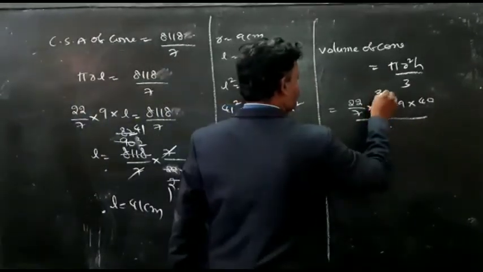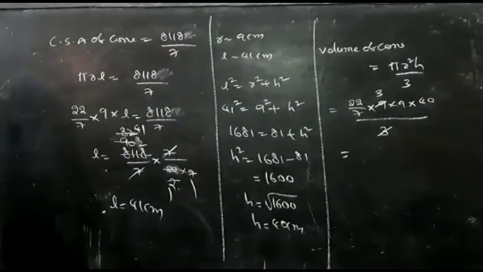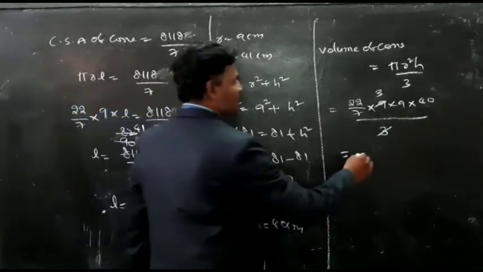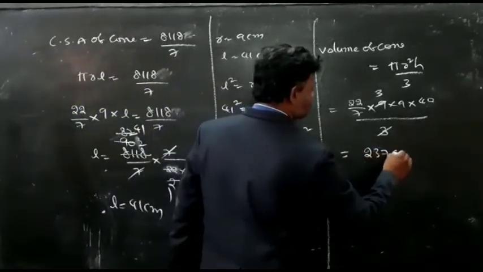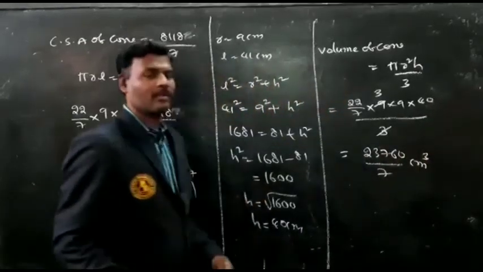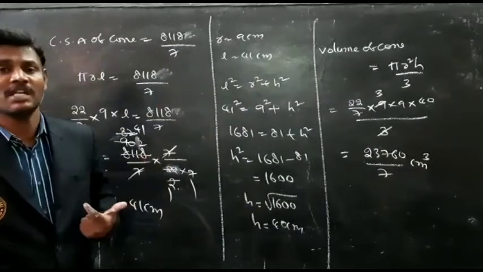So here 22 into 3 into 9 into 40 by 7. If you do the calculation, you will get 23760 by 7 centimeter cube. The volume of the cone is 23,760 by 7 centimeter cube.